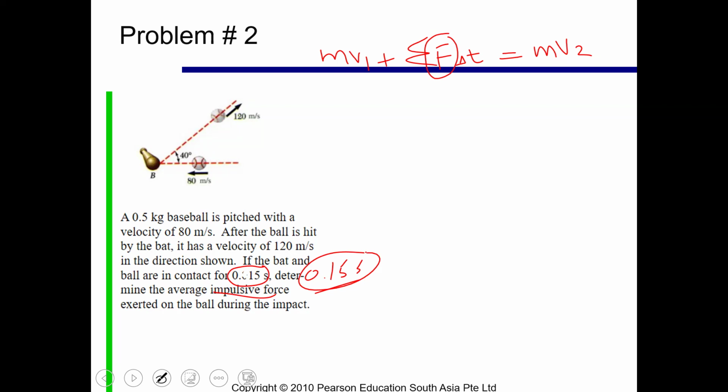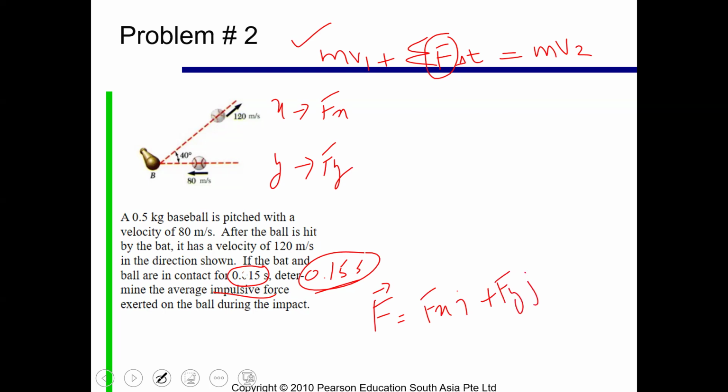So you need to first execute this equation for x-axis. This will give you fx. Then you need to execute for y-axis. This will give you fy. And once you know what is fx and fy, you know that force F is equal to fx i unit vector plus fy j unit vector, right?